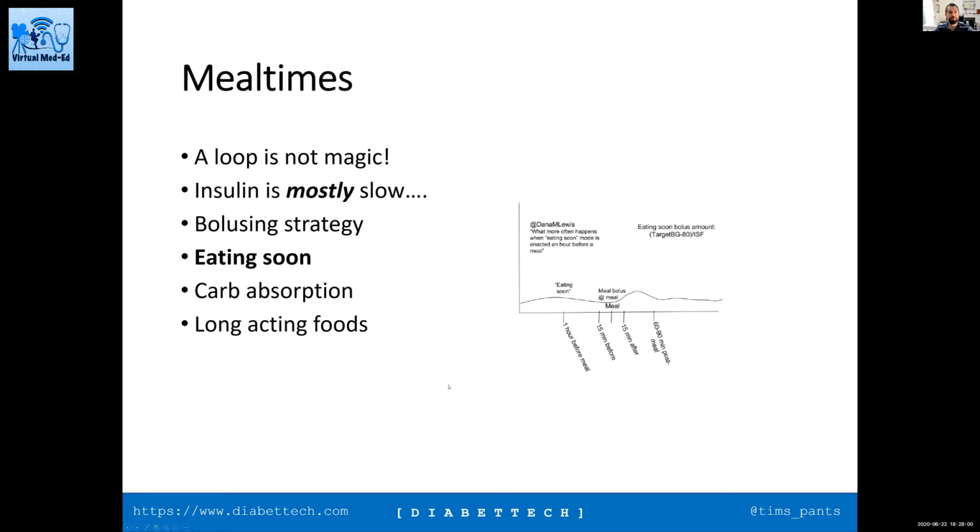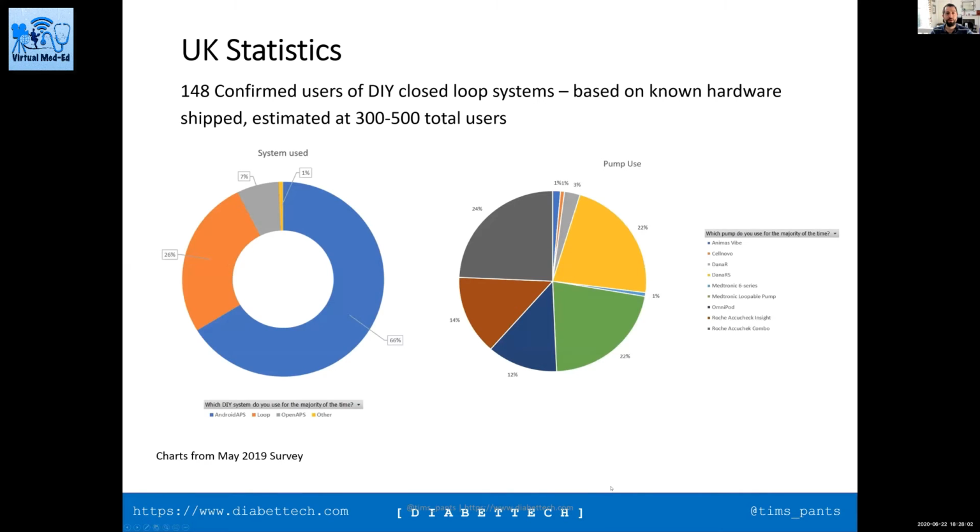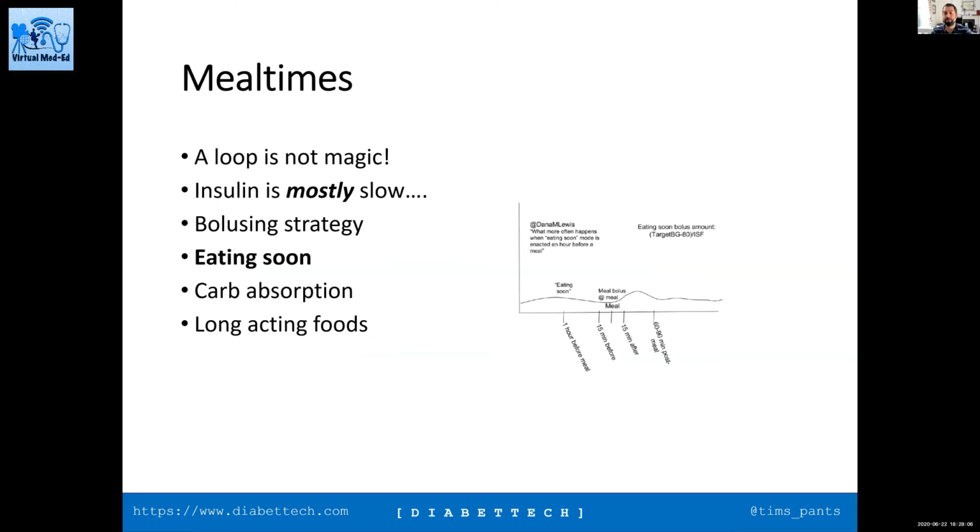But you also have the ability to do a few other things, which includes adding in carbs in the future to take account of things you know will happen in terms of absorption in relation to long-acting foods, such that it will then deliver insulin when it sees any deviations associated with those. That's a useful and helpful tool that you have available to you when using DIY closed loops. That's less easy to do in a commercial system.